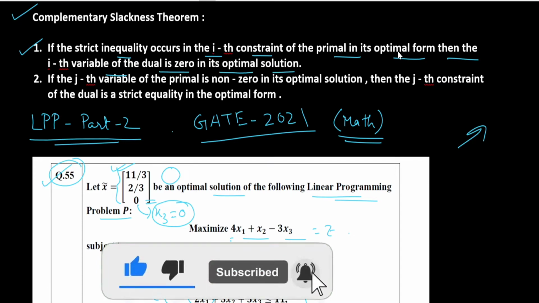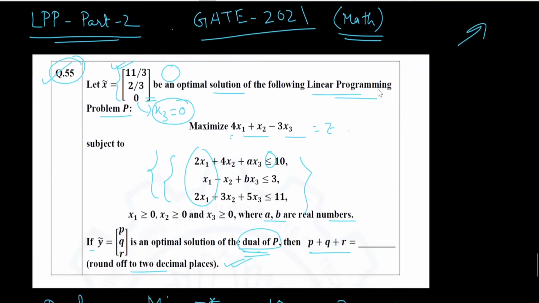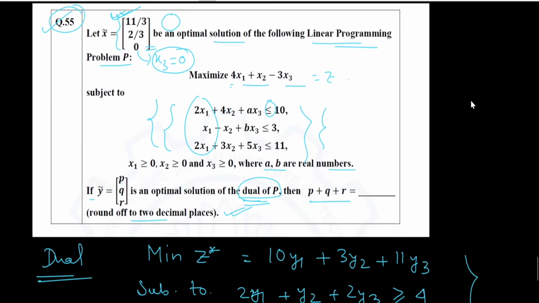So let's put the value of the optimal solution into these inequalities and check which is the strict inequality.